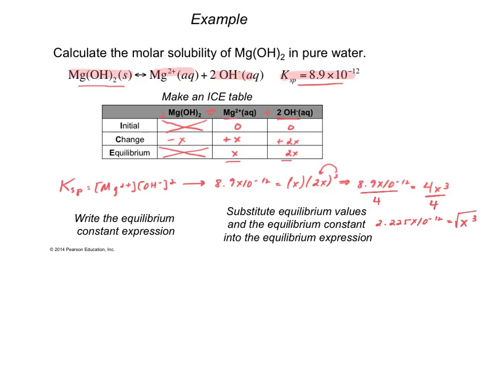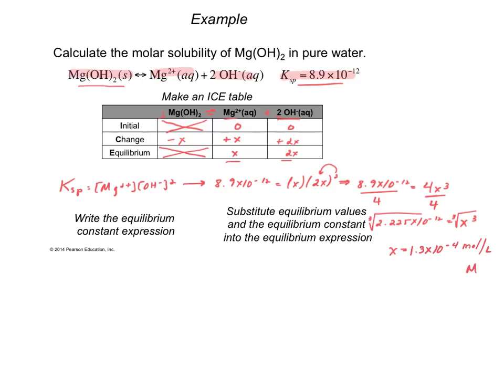Then to get rid of the cube, I take the cube root, and that gives me x equal to 1.3 times 10 to the minus 4, in units of moles per liter, or just molarity.